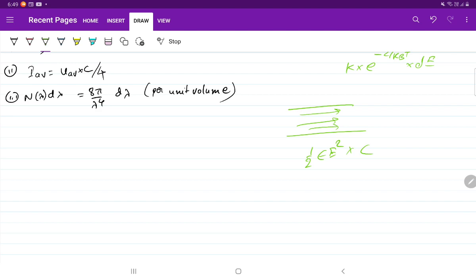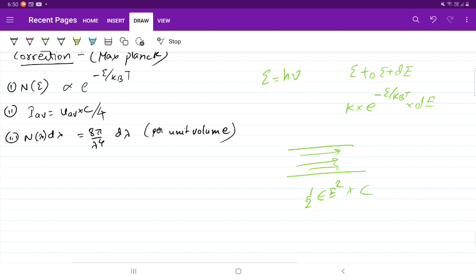Here the progression is in the same direction. Basically all the particles or the waves or the wave packets progress in the same direction. But in this case, where we have considered a 3D box, all the particles do not have velocity in the same direction.